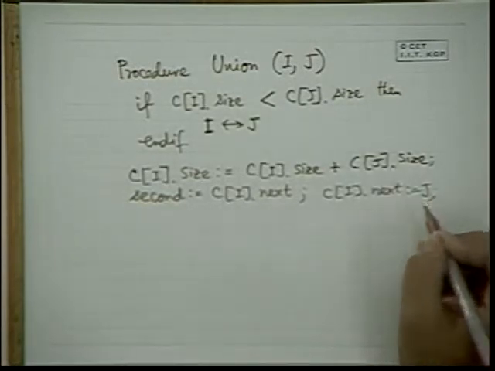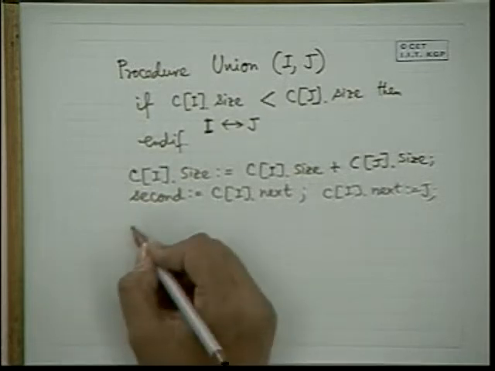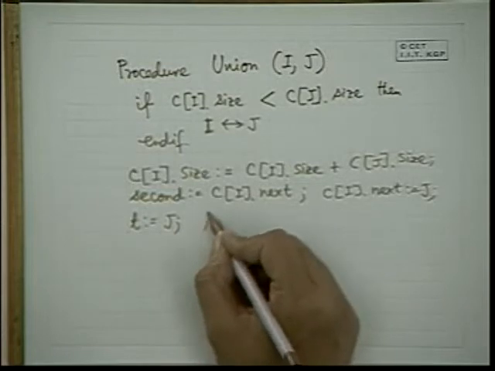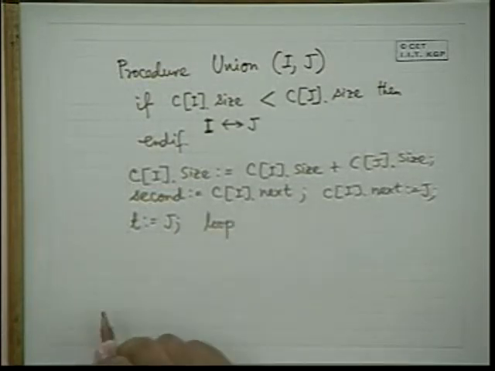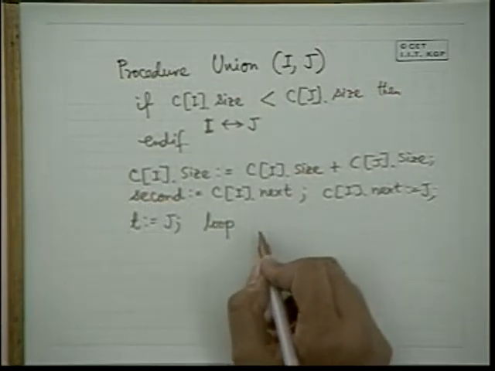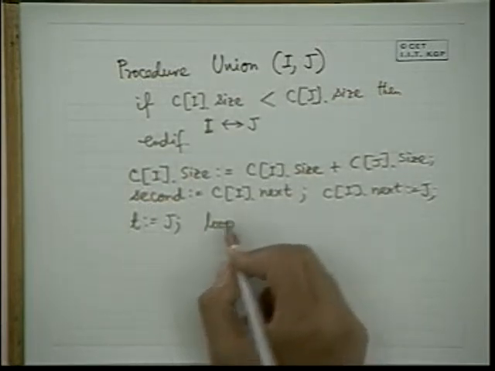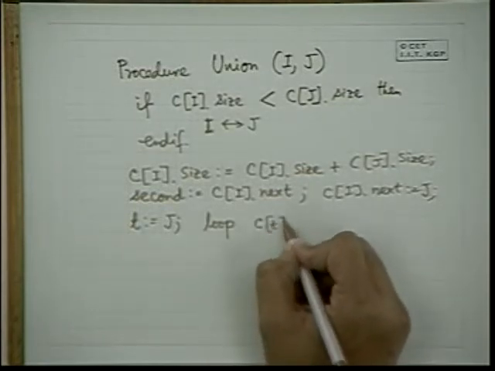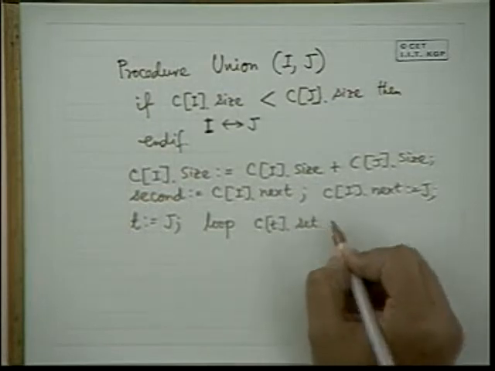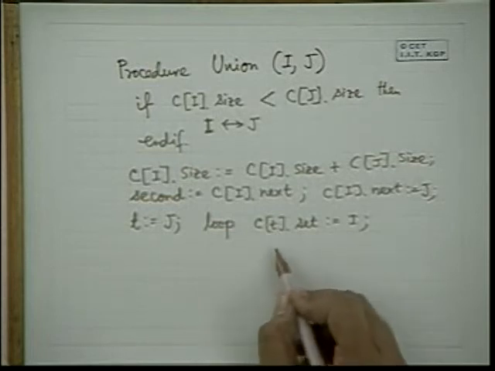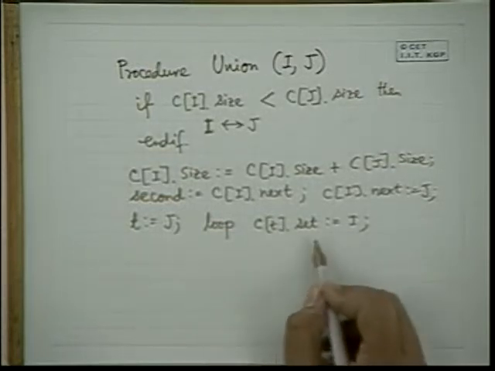Once you do that, we go to a loop, t is equal to j. Loop: Ct.set equal to i. What I am going to write next is nothing but changing the name of all the elements to i.